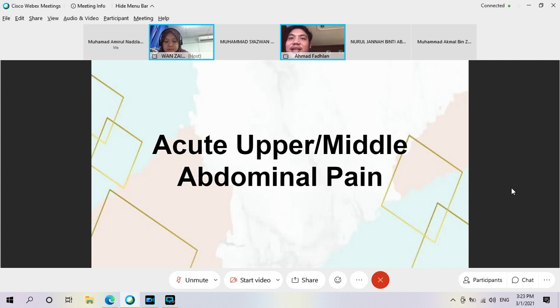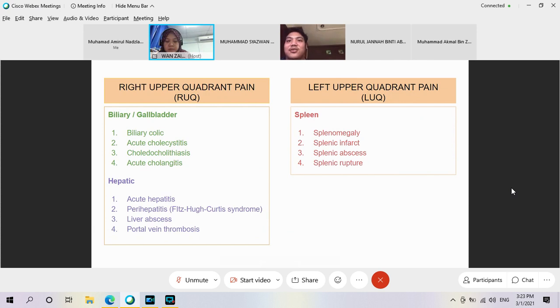So next is acute upper or middle abdominal pain. So for the right upper quadrant pain, we divide into 2, which is biliary or gallbladder. First is biliary colic, second is acute cholecystitis, third is cholelithiasis, next is acute cholangitis.